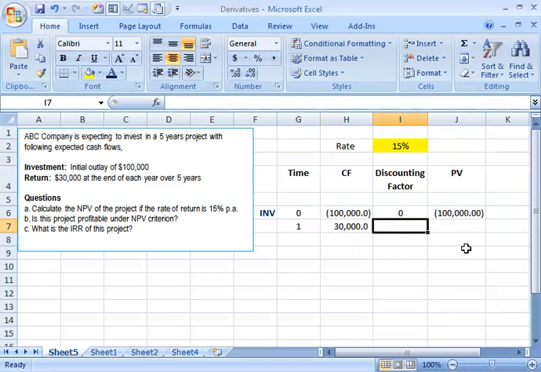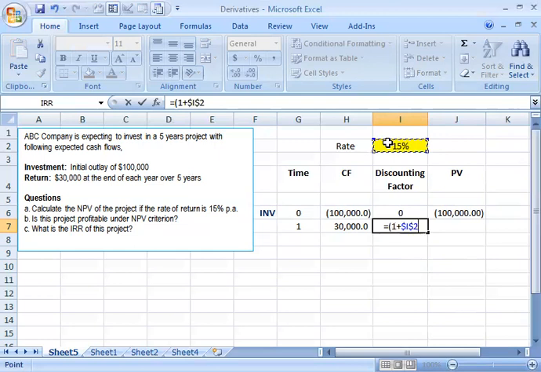So for the first period, we have to discount this by 1. I will write the formula. Equals discounting factor, 1 over 1 plus i to the power 1. Here 1 plus i, this is the rate. We fix this cell using absolute referencing.